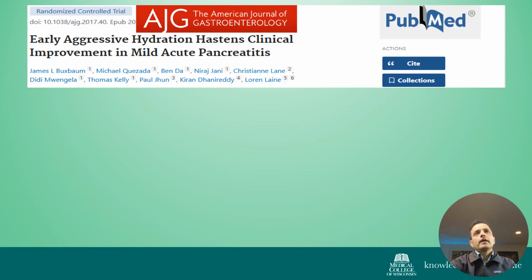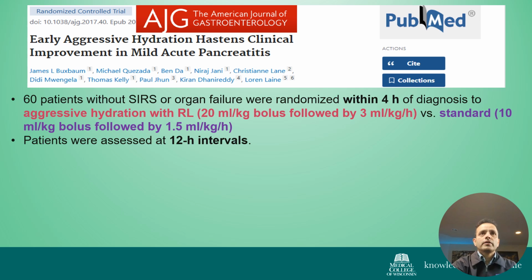How much to give in acute pancreatitis depends upon the type of pancreatitis. This randomized controlled trial was published in 2017. What they found was that early aggressive hydration hastens the clinical improvement in acute mild pancreatitis.